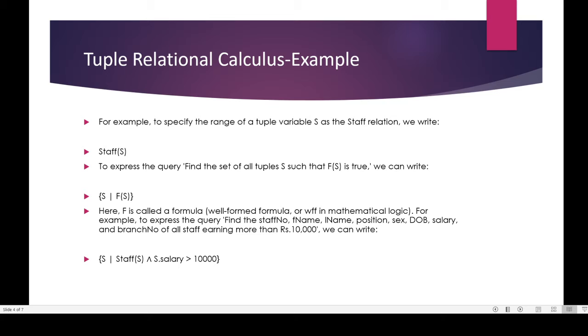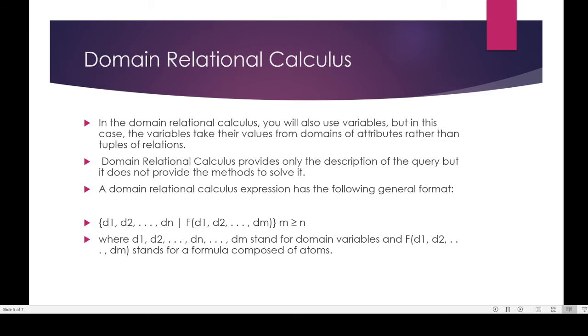In this case, there must be two conditions: the tuple must be a member of the staff relation, and the salary must be greater than 10,000. This is tuple relational calculus. We find the tuples which satisfy the predicate, that is, those tuples for which the predicate is true.